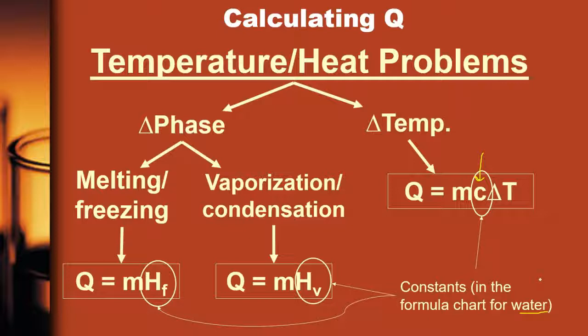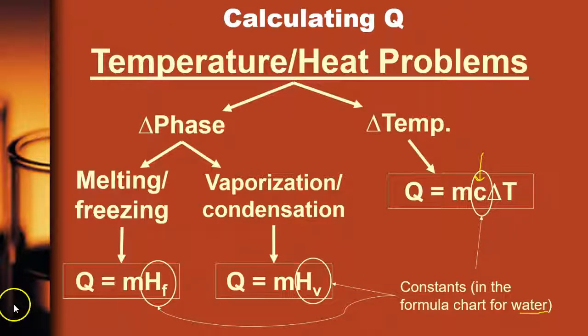If you look at the equation chart down at the bottom right, you'll see a section that says constants. You'll see specific heats down there, heat of fusion and heat of vaporization for water only. So if the problem's about water, you're going to need to go to the chart to get those values. So have this handy as we go through some of these problems, and it'll help you to see how to do them.